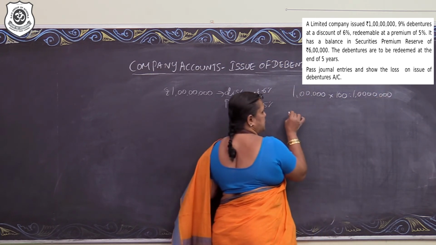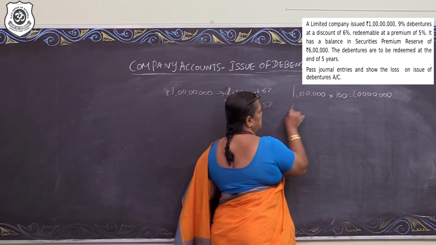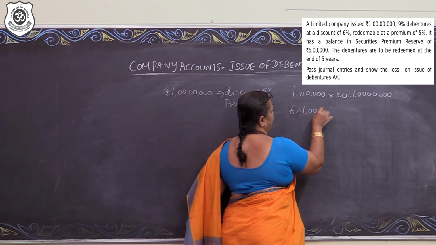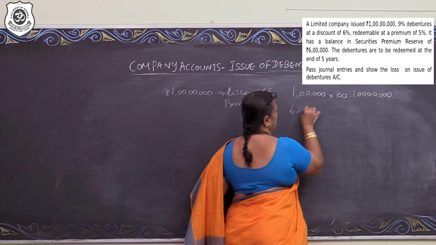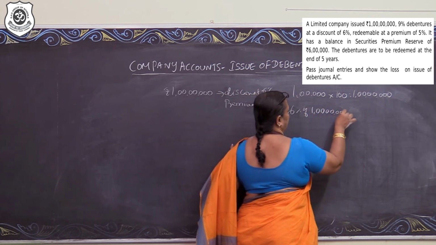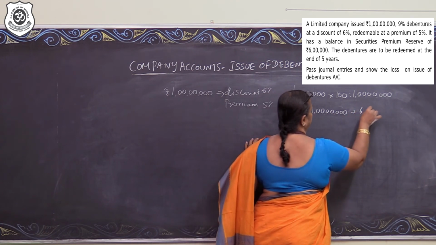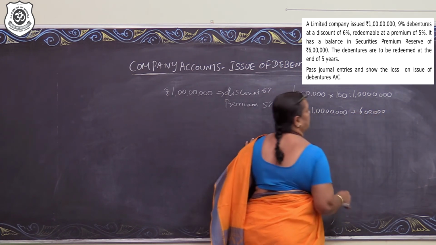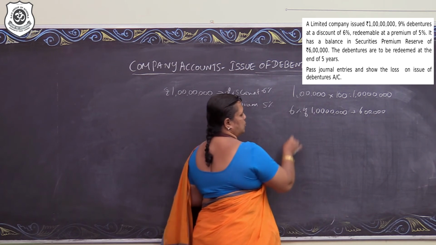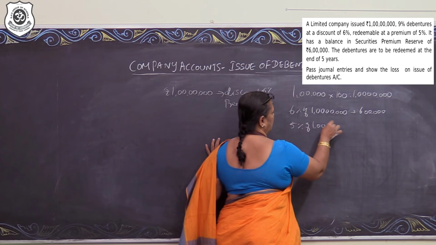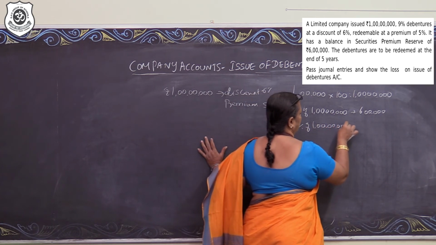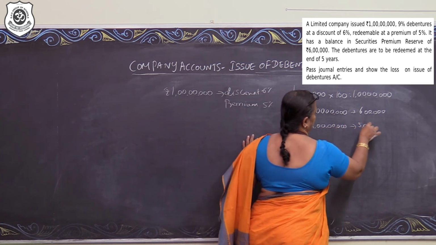Now 6% of 1 crore is going to give you 6 lakh rupees, and 5% of 1 crore is going to give you 5 lakh rupees.